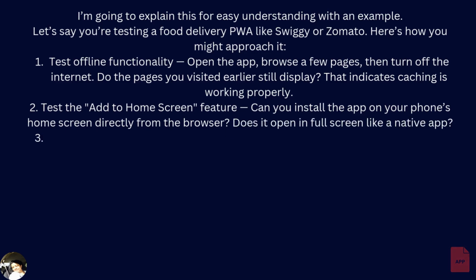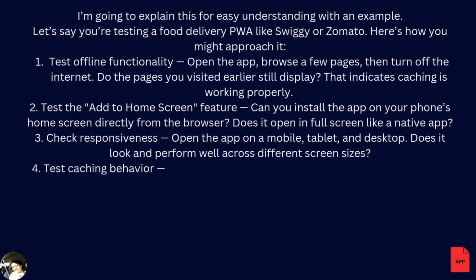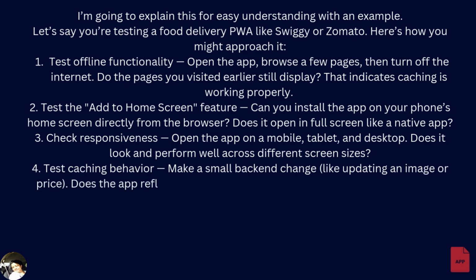Third, check responsiveness. Open the app on a mobile, tablet, and desktop. Does it look and perform well across different screen sizes? Fourth, test caching behavior. Make a small backend change like updating an image or price. Does the app reflect the new content or is it stuck showing the old cached version?